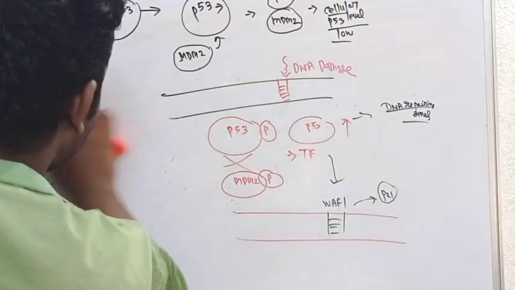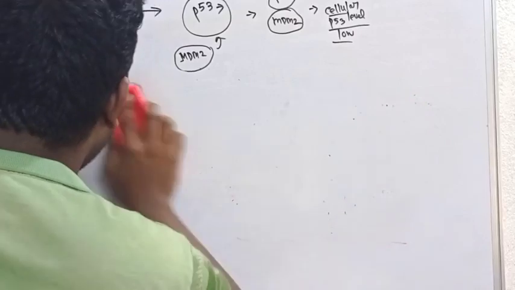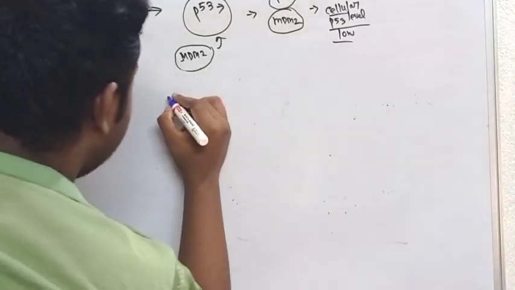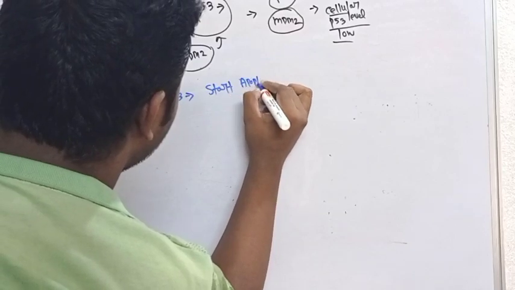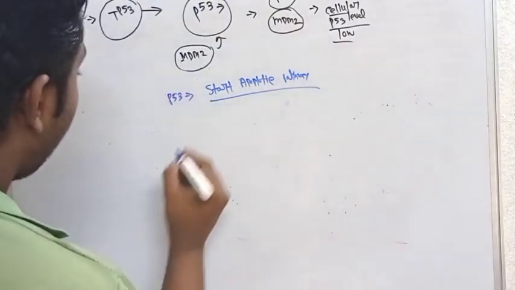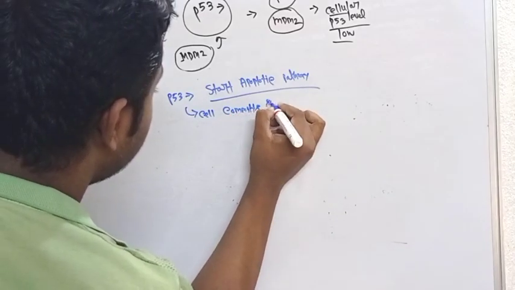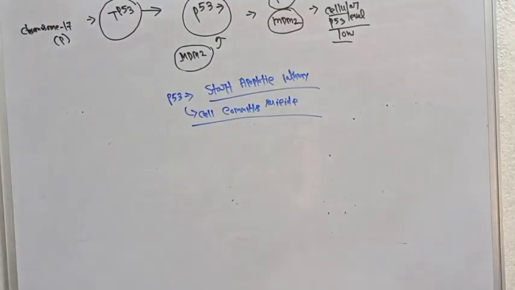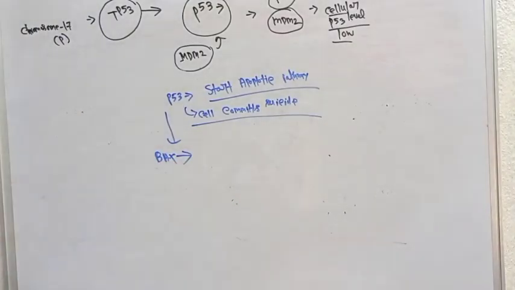Another thing about the P53 gene is that if the DNA damage is not repairable, P53 starts the apoptotic pathway. Apoptosis is programmed cell death; the cell commits suicide. This suicidal or death pathway is promoted by P53. It activates the BAX gene, and this BAX gene codes for the BAX protein.